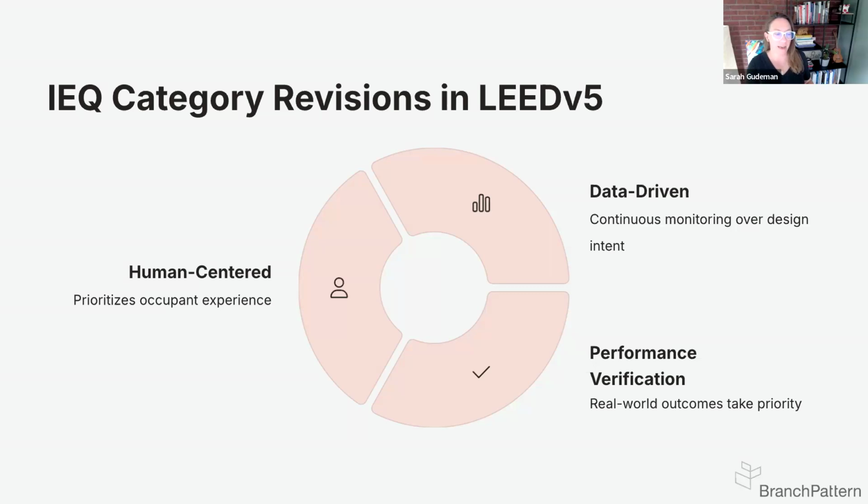So I would advocate reading the whole section if you are so inclined, because there's a lot of interesting content in there that also refers back to other credits in the rating system. And the IEQ criteria here have really shifted, like I said, towards continuous verification and data-driven management, looking at real-time occupant health and wellness over design intent. Next slide, please.